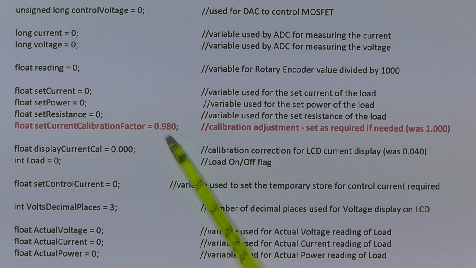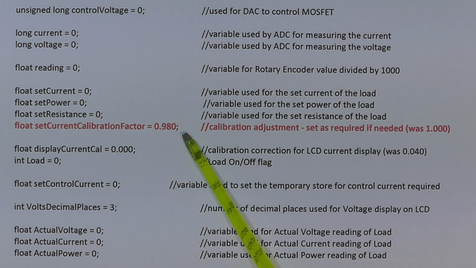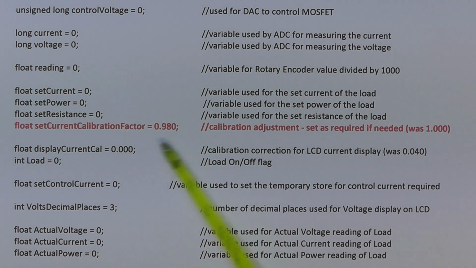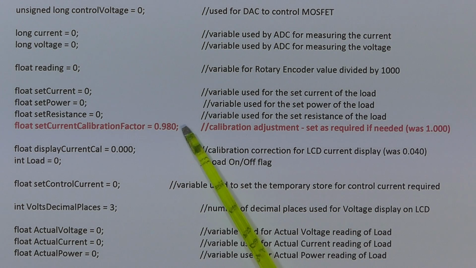It's something that we can have a further look at later, and may even give an option in the setup procedure. So maybe we can make a code change where you can change that on the DC load itself by using the buttons on the keypad. But for now, I'm setting it in software, as we see here.